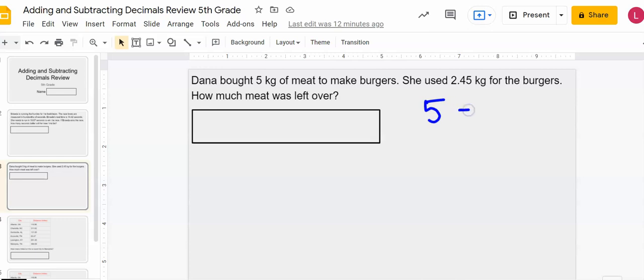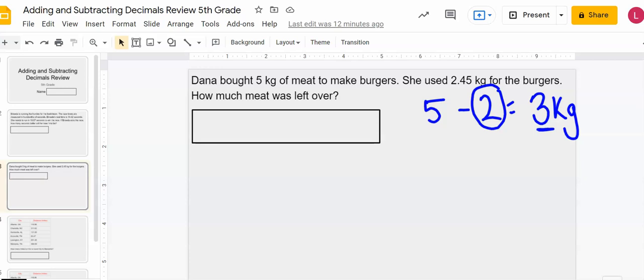Yes. So I'm going to have about 3 kilograms. So I know I'm going to subtract more than this. So will I have more or less than 3?